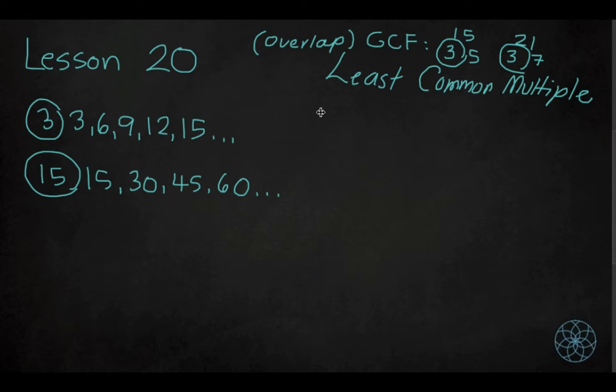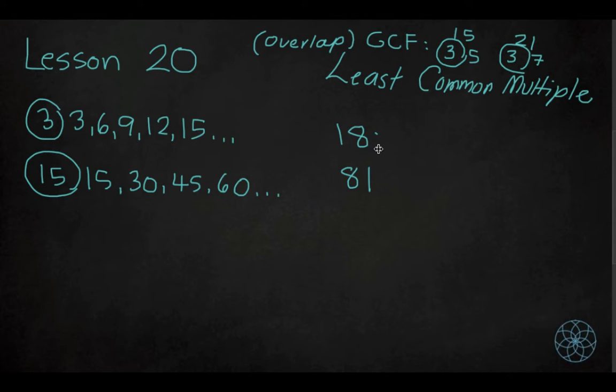Let's now talk about the least common multiple. And to find the least common multiple, you do kind of the same thing. You write each number as a product of prime numbers. So let's find the least common multiple of, say, 18 and 81.